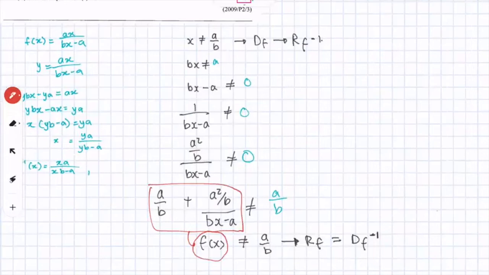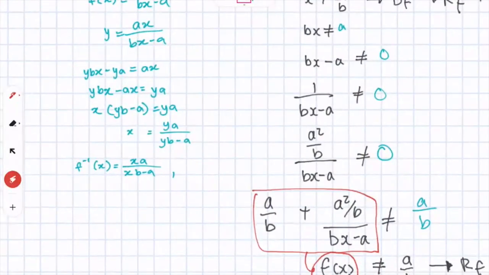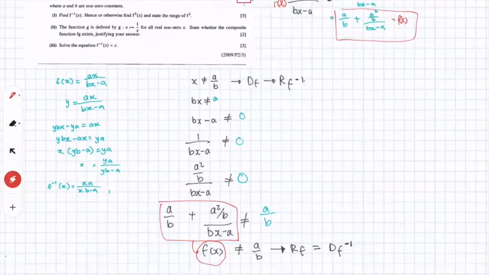RF is like this. And RF is the same as DF inverse. Isn't this the same as what I got here? So the range of f inverse and the domain is the same.